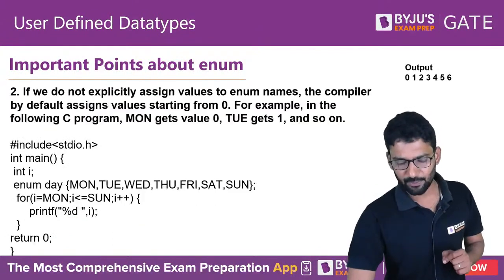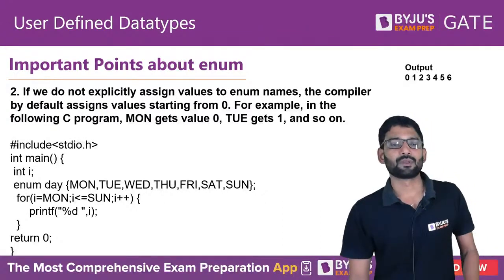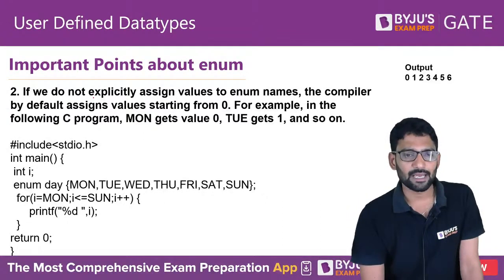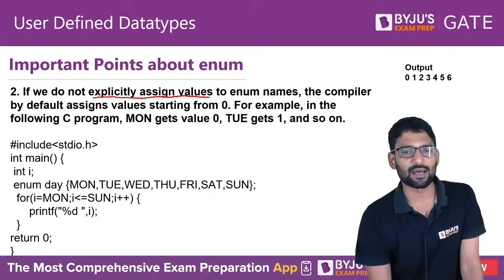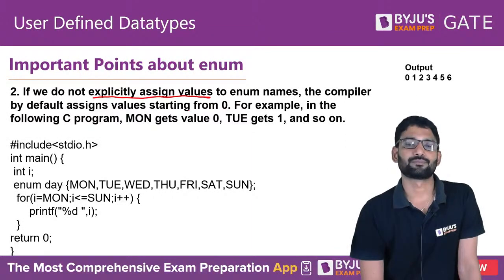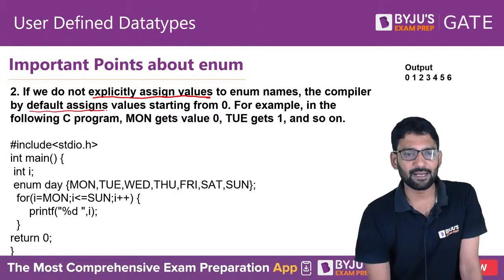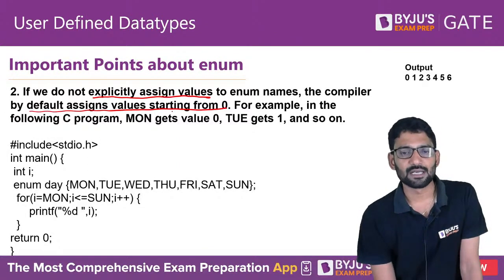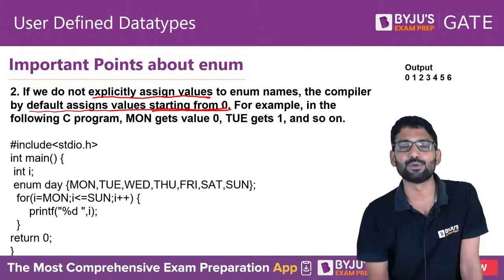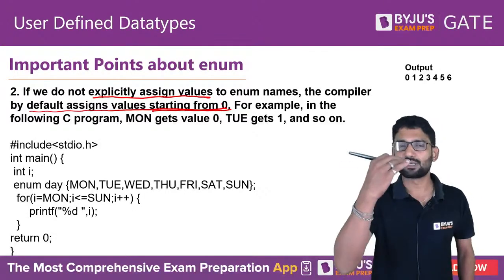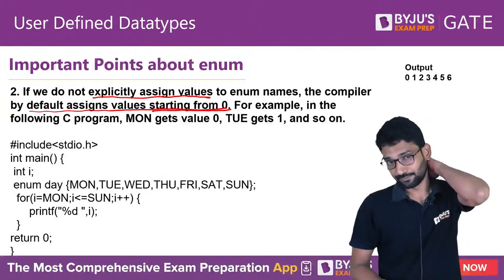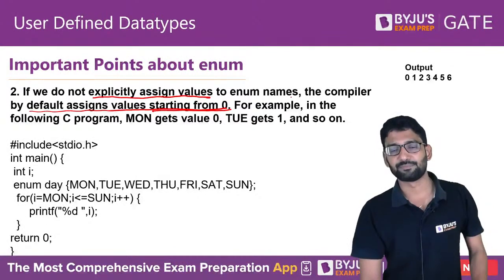And the second important point is, if we do not explicitly assign values, then the compiler by default assigns values starting from 0, as is the case we have seen for color, the first example.